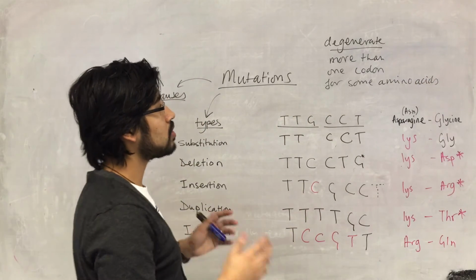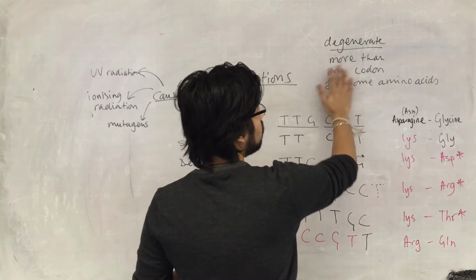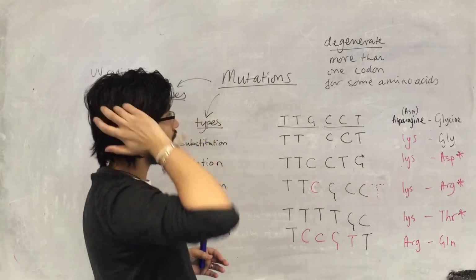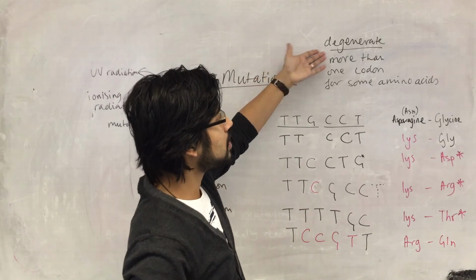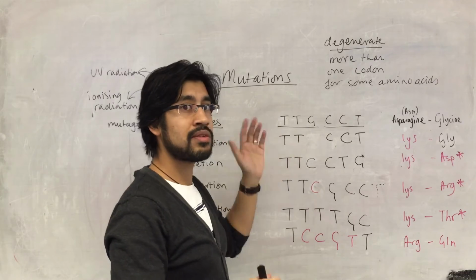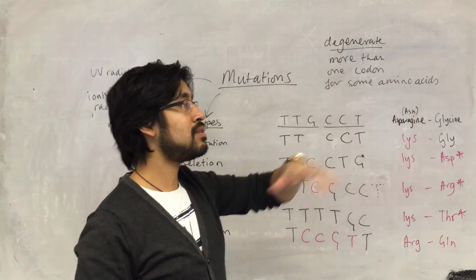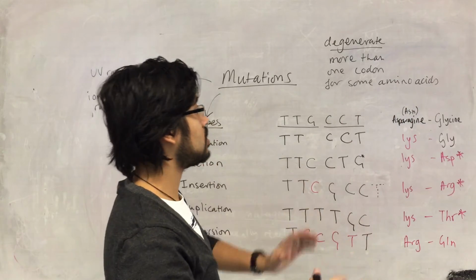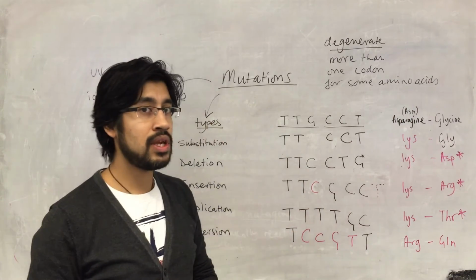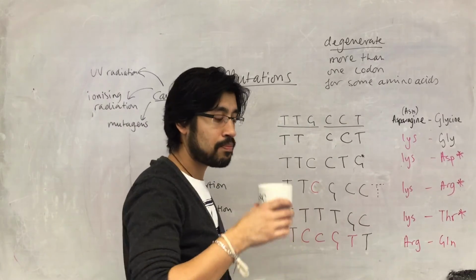Okay, so there's more than one codon for, I think, most of the amino acids actually. In that case, you might make a base change that actually codes for the same amino acid, and therefore you'll end up with the same amino acid sequence, the same primary structure, and therefore you won't cause any change in the protein structure.